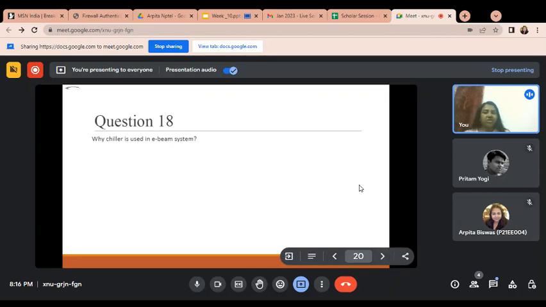Next, why is a chiller used in the e-beam system? What is the need of the chiller?